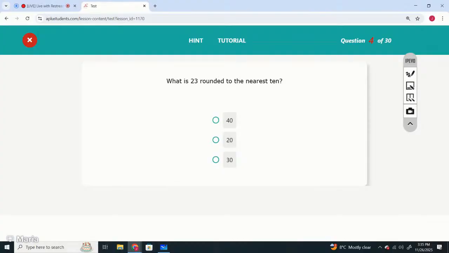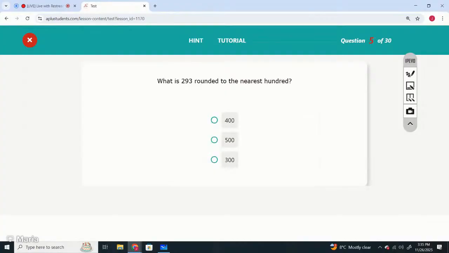What is 23 rounded to the nearest 10? 23 is rounded to. Very good. 20 it is. Option number 2 is the correct option.